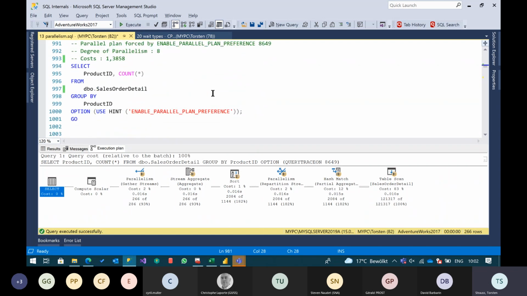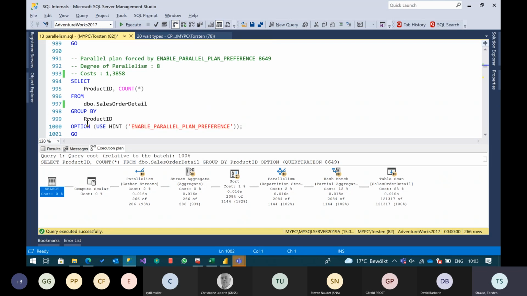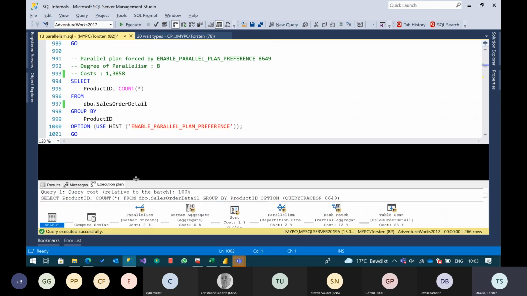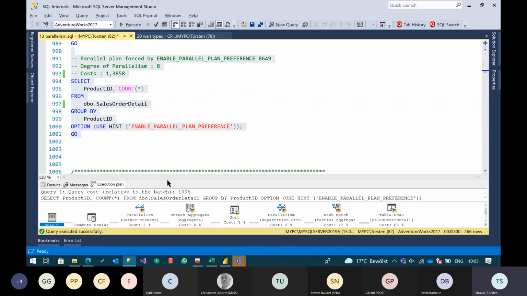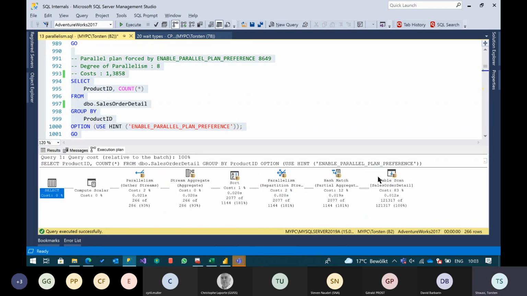I think in SQL Server 2016 a hint was introduced called Enable Parallel Plan Preference, which you can use instead of the query trace flag. It behaves exactly the same. So you can see the query is running in parallel.